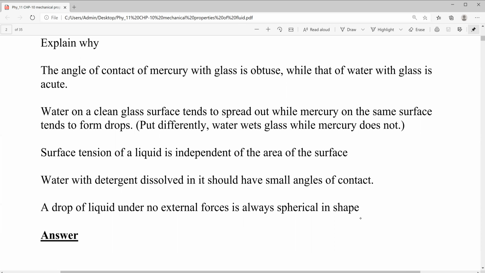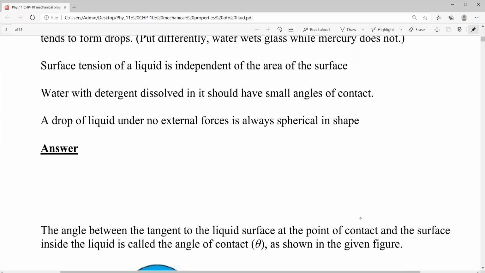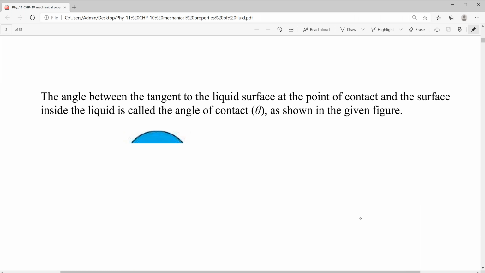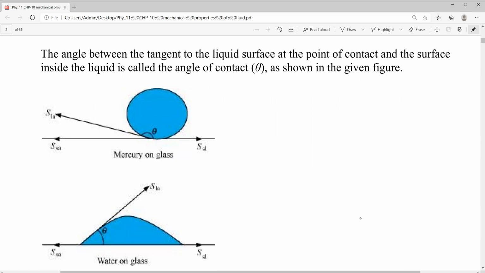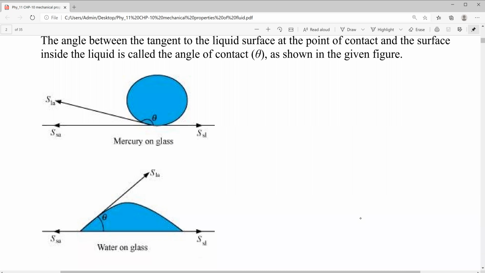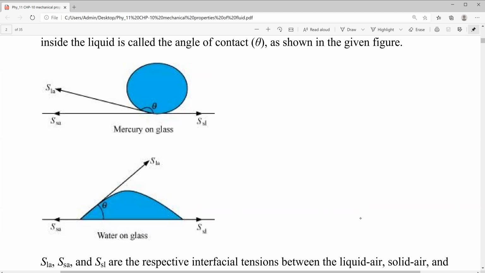Why? We know the angle between the tangent to the liquid surface at the point of contact and the surface inside the liquid is called the angle of contact. That is shown in the diagram here. For the first diagram, mercury on glass is shown, and the second one shows water on glass.